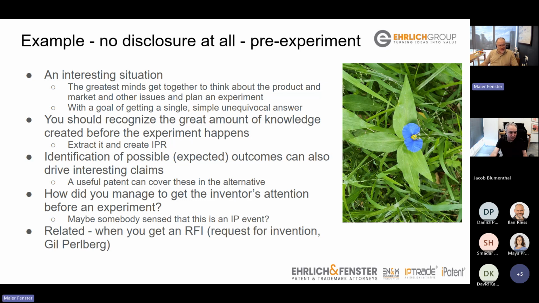But in the second case, it means you should really dig down into people and see what they can tell you. There's another example where you don't have a disclosure, and that's what Gil Perlberg calls request for invention. That's when the business tells R&D, we want you to invent something that glows in the dark and makes our logo look nice. Okay, so there's no disclosure, but we're going to be writing a patent.